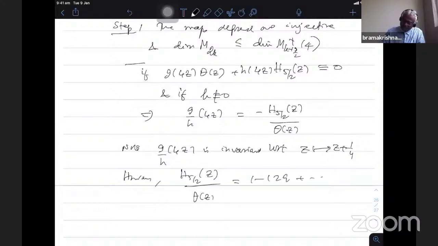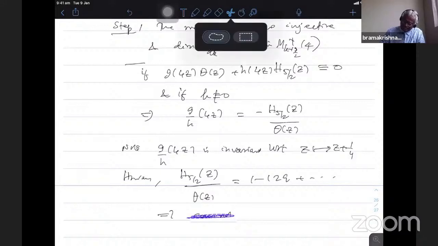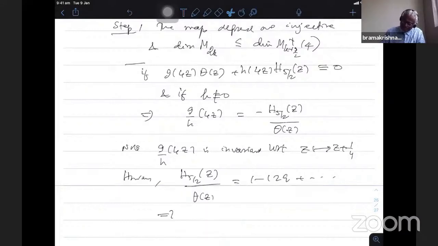So this implies this is not invariant under Z going to Z plus 1 by 4.